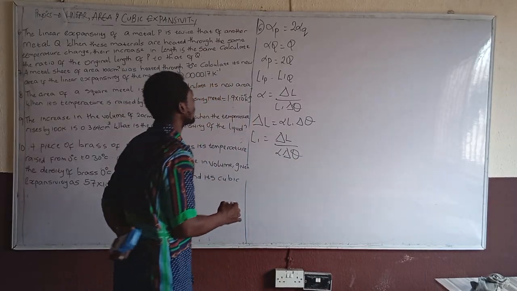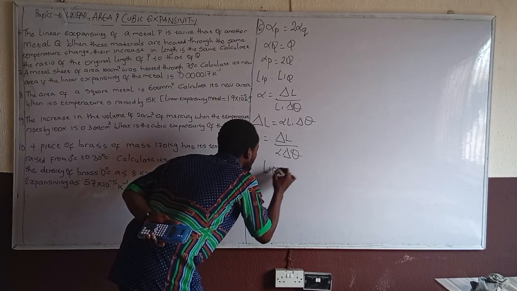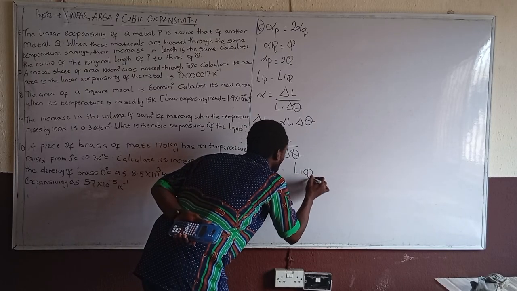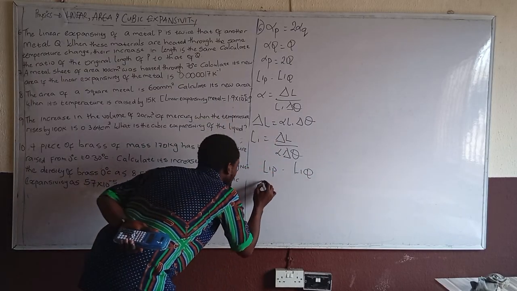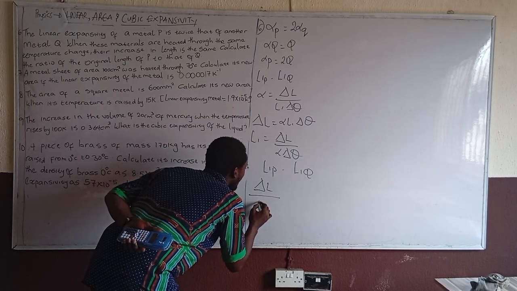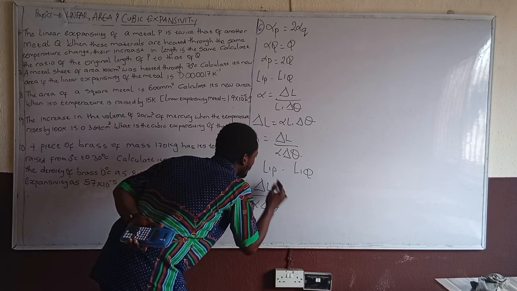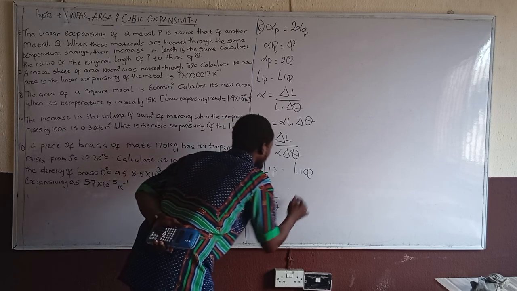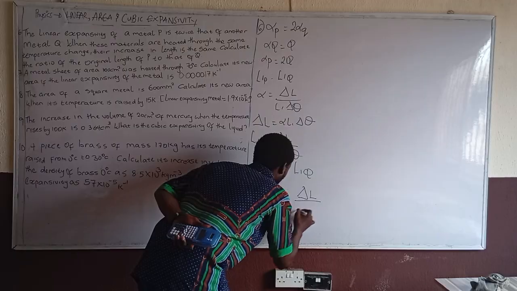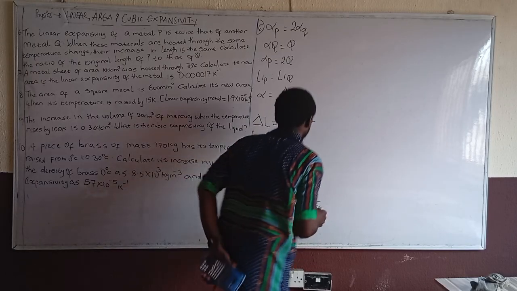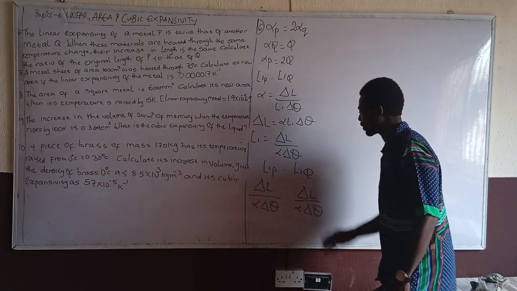Now, we are looking for L1 of P ratio L1 of Q. P becomes delta L over alpha delta theta, and for Q, I still have delta L over alpha delta theta. So this for P, this for Q.